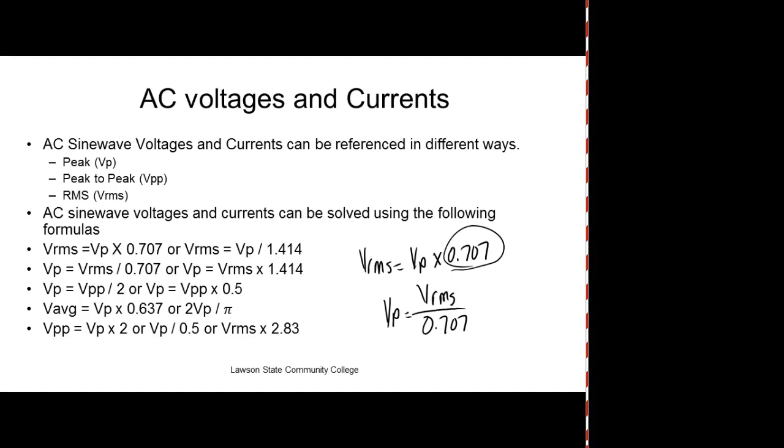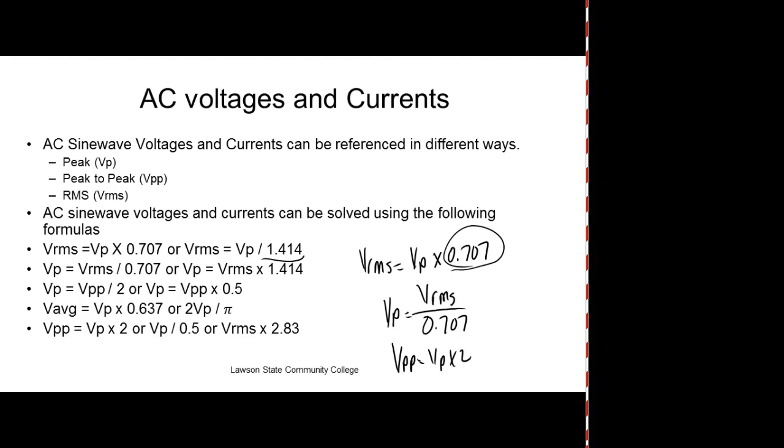Now what if I wanted to go to peak to peak? You'll just say V peak times 2, right? And you'll look over here, this uses 1.414. It uses all kinds of things. Later on, we'll see, sometimes we would use 2.82. But all you've got to do is remember 0.707, and figure out whether you need to multiply by 0.707 or divide by 0.707.